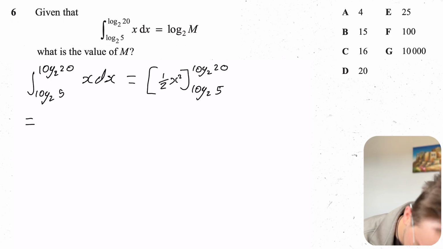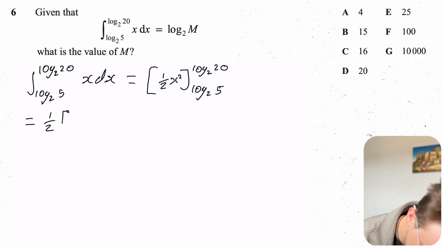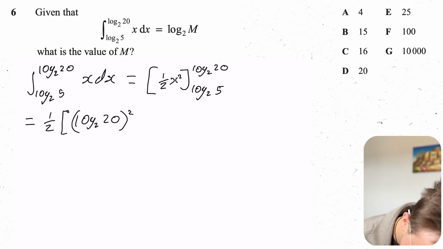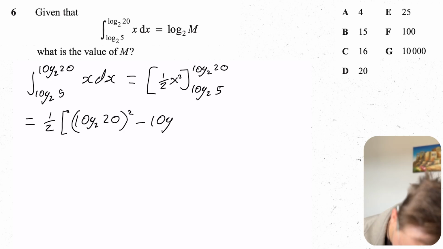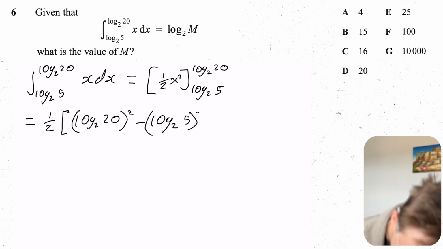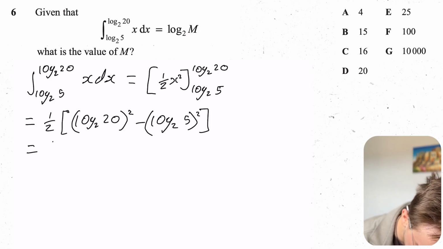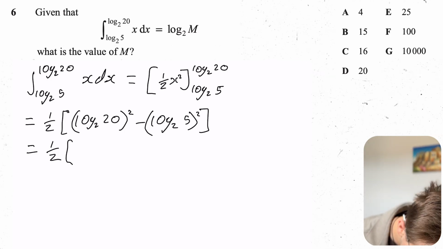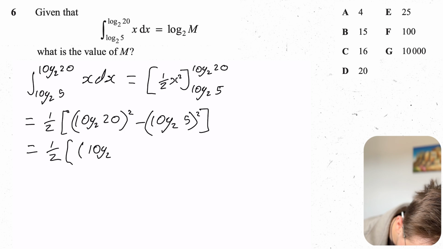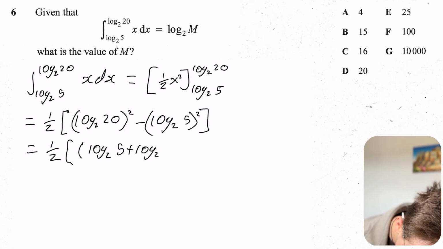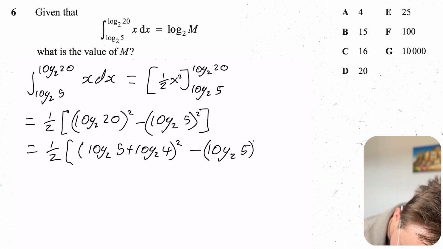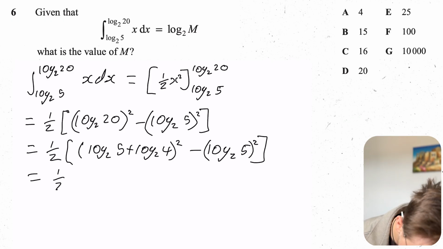So then that's equal to a half, and I'll do it as a big bracket: (log 2 of 20) squared minus (log 2 of 5) squared. Now, log 2 of 20 is the same as log 2 of 5 plus log 2 of 4. So that's (log 2 of 5 plus log 2 of 4) squared minus (log 2 of 5) squared, equal to a half.